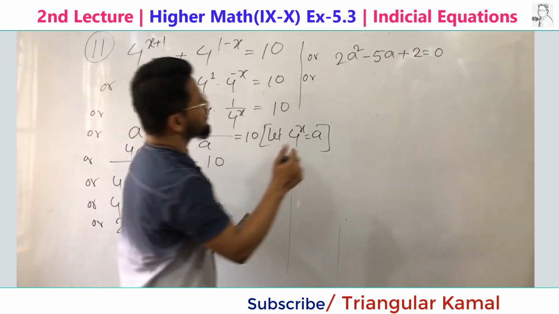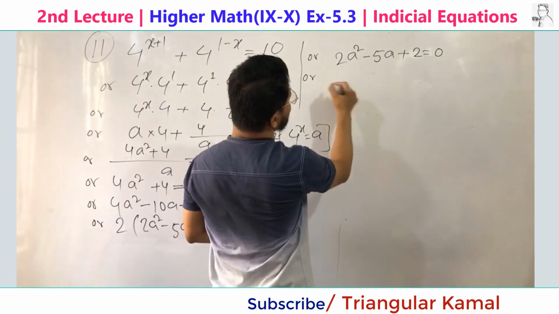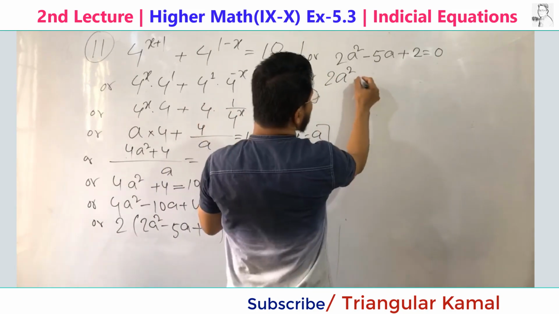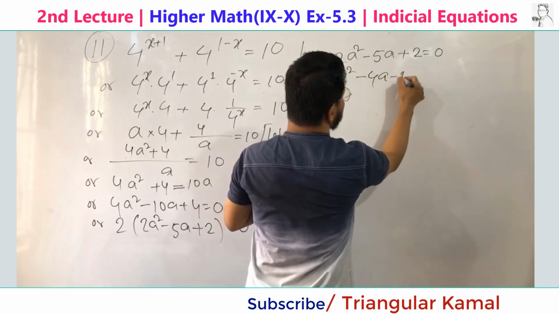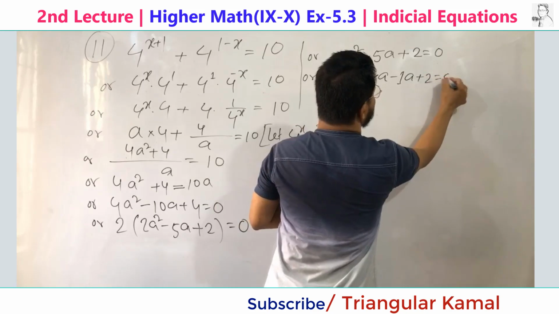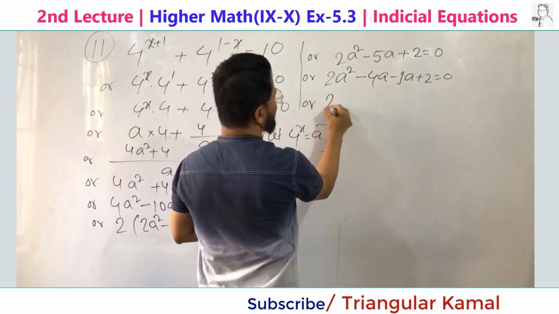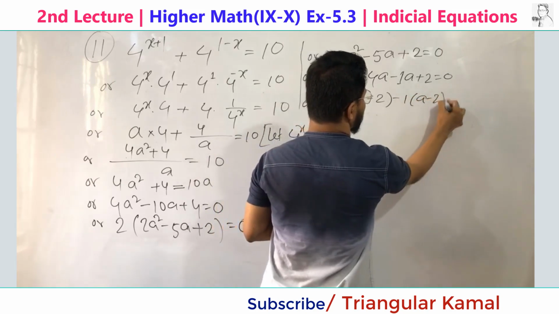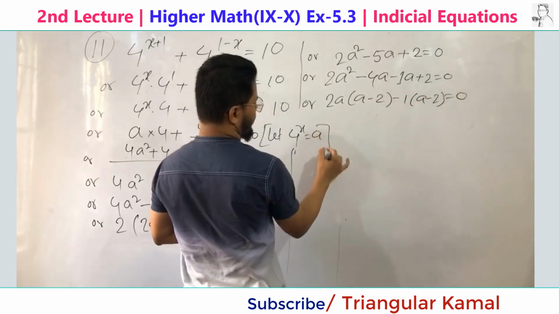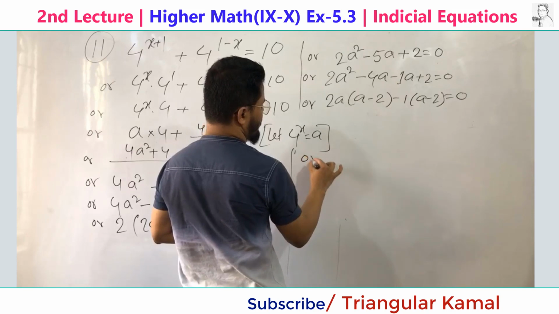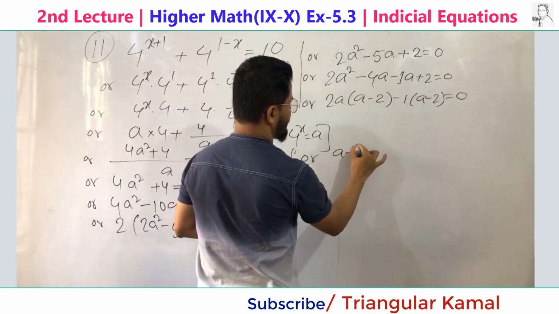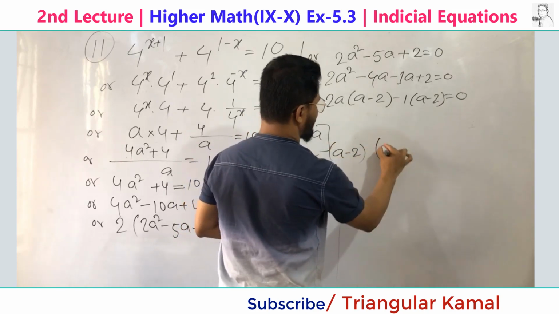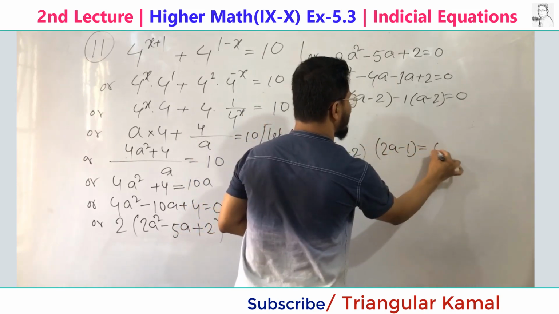This is now 2a square minus 4a minus 1a plus 2 equals 0, or 2a is common, a minus 2; minus 1 is common, a minus 2 is 0. So a minus 2 is one factor, 2a minus 1 is another factor.